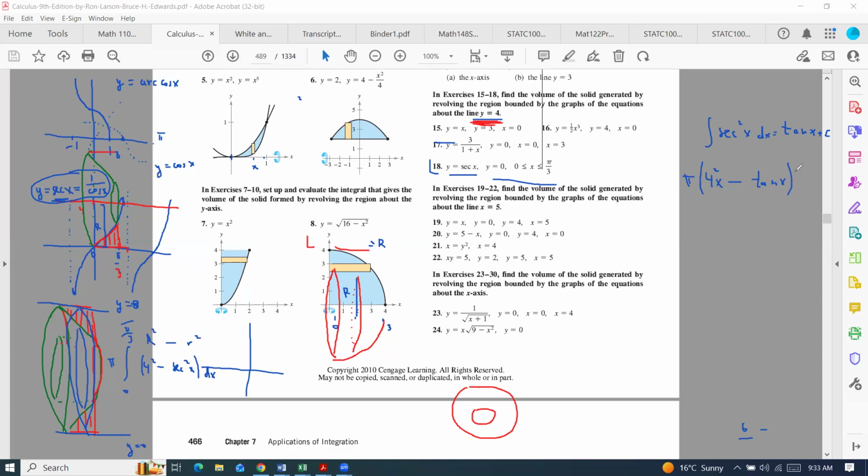And then we go from 0 to pi over 3, and that's it. That's our volume. It's not too bad, even if you have a secant. So I decided to choose one of the trig functions just to make sure you feel comfortable with this. So that would be what? 4 times 4, 16, and there's pi. I'll leave it on the outside.